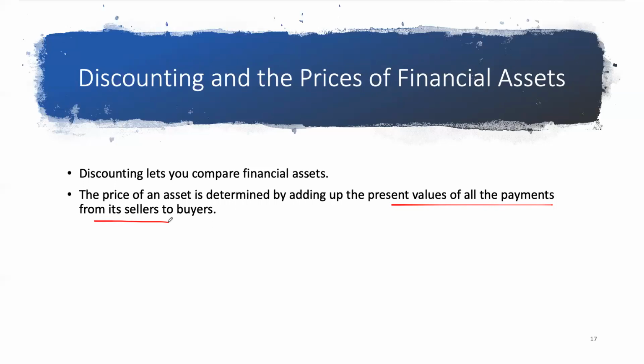Do I go into a CD which pays 10% for the first year and 1% for the following 2 years, or do I stay in a CD which pays 4% for 3 years? Now I can put a price on those things, and then I can begin to compare. This discounting and compounding allows us to put prices to financial assets, and now we can compare between these different kinds of assets. All right.